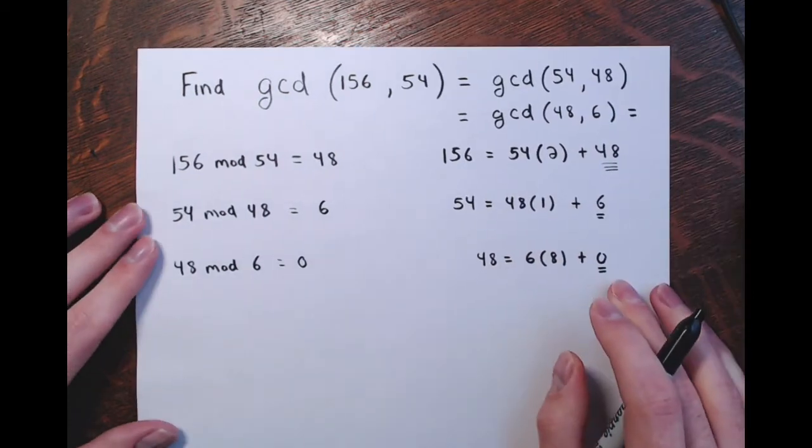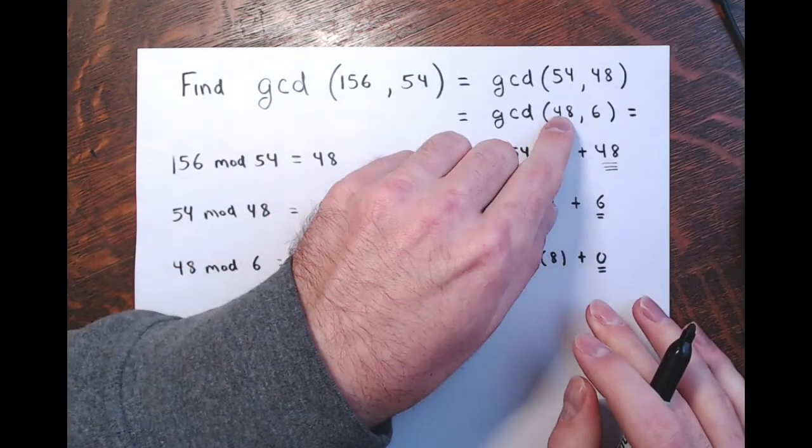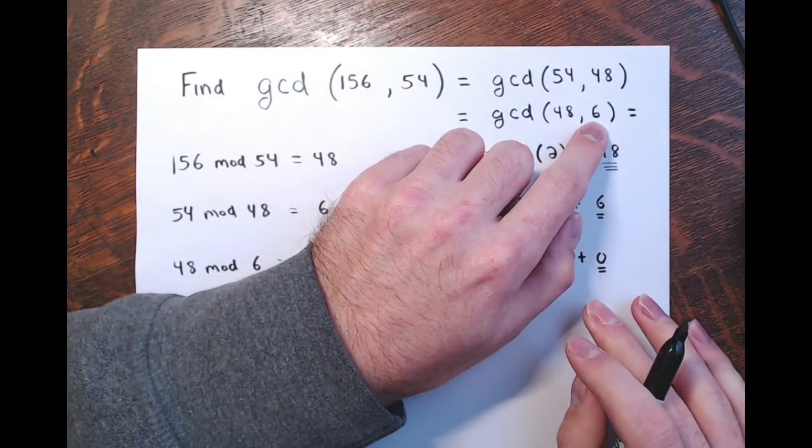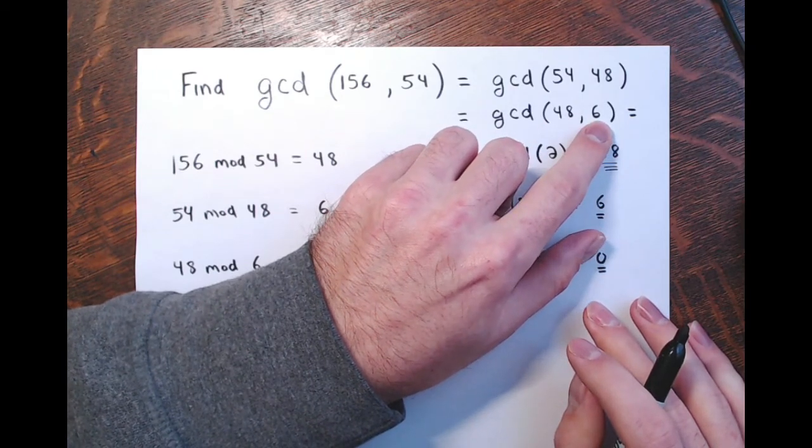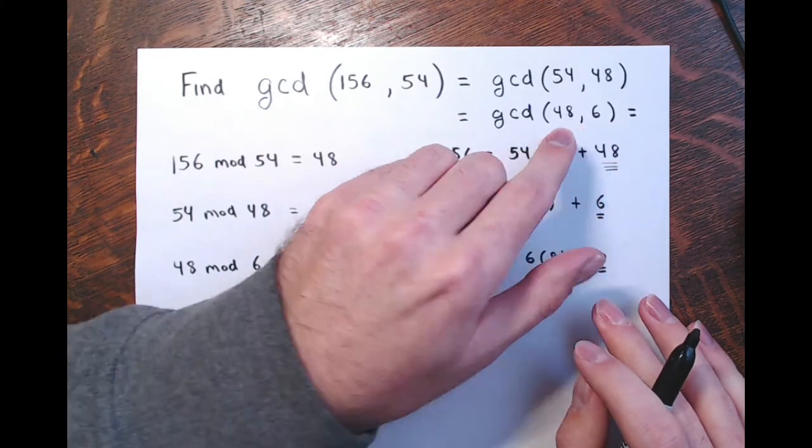All right. If you're down to a pair of numbers where one is a multiple of the other, then that smaller number will be the greatest common divisor.